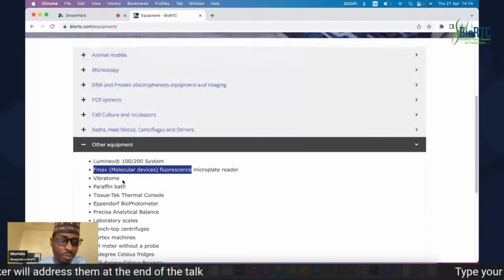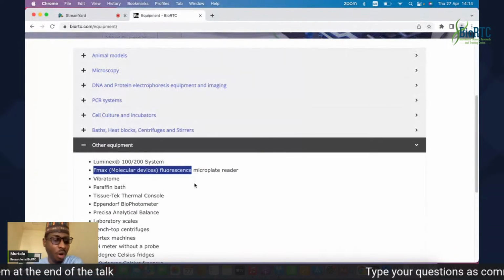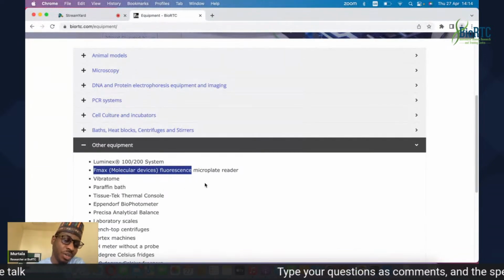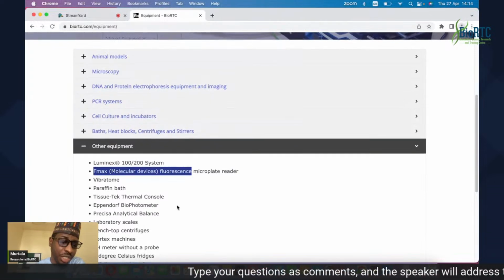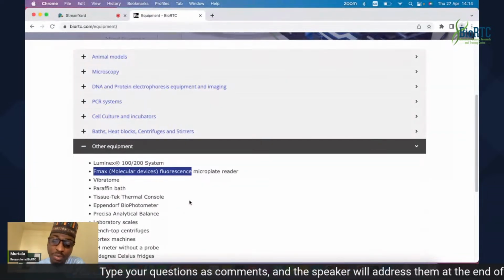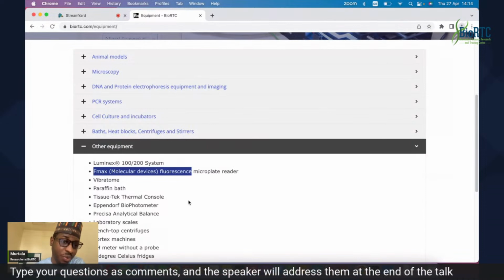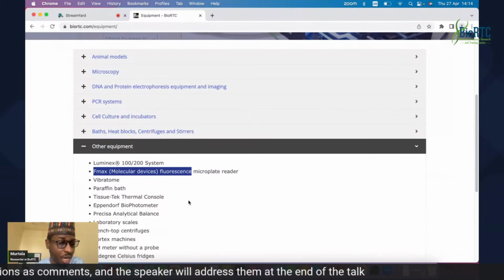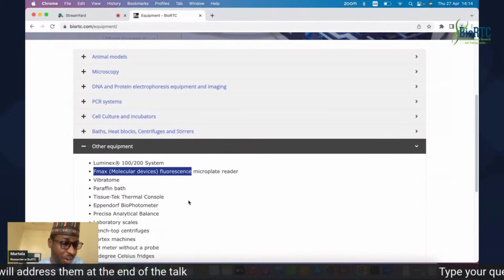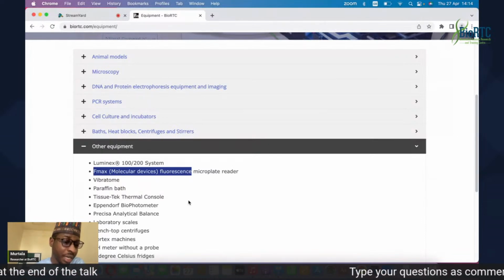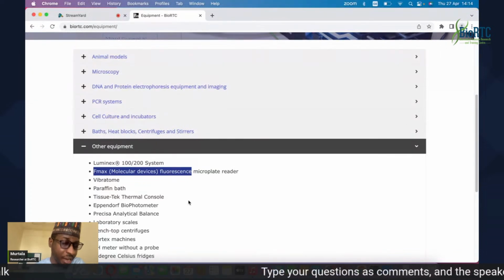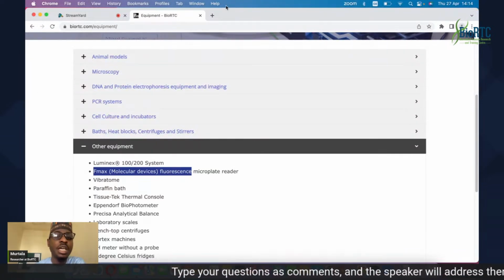Then for tissue sectioning, we have a comprehensive collection of machines. You can come with your chemicals and your tissues, and you should be able to perform your tissue processing, sectioning, staining, and imaging in the center.